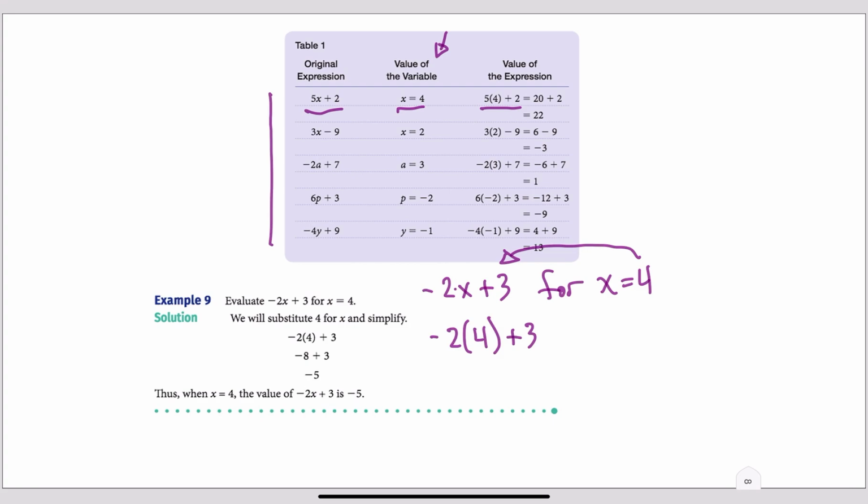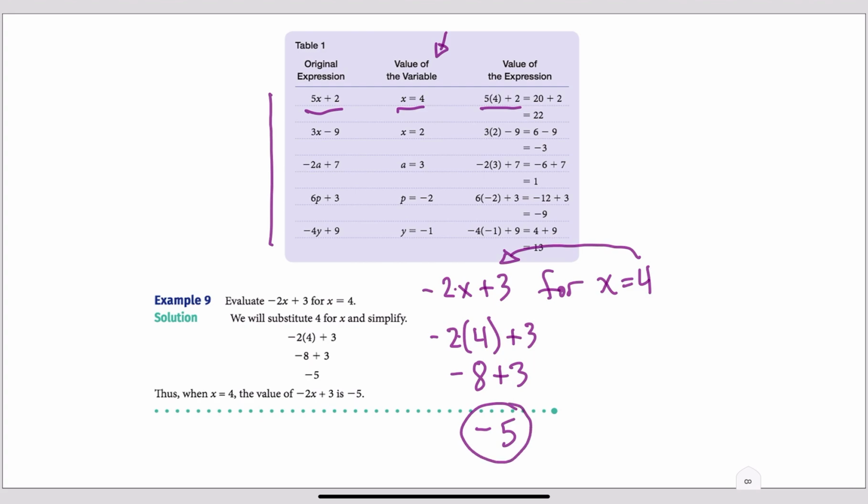And so following the order of operations, I would do the multiplication before I would do the addition. So I've got negative 2 times 4, so that's negative 8. Now I only have this addition left to do, negative 8 plus 3. So if I owe $8 and then make a $3 deposit, now I only owe $5.